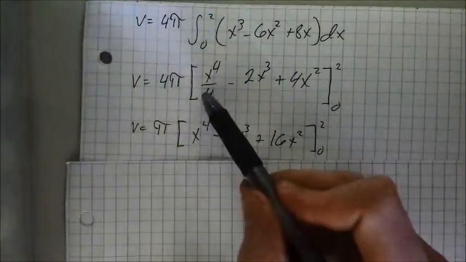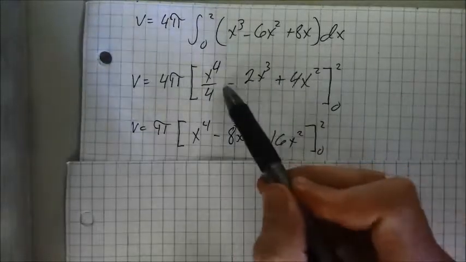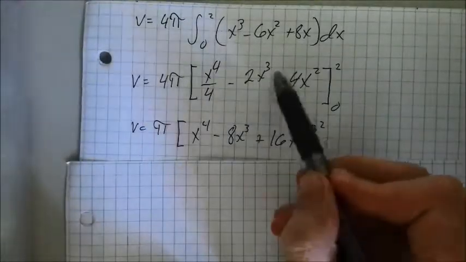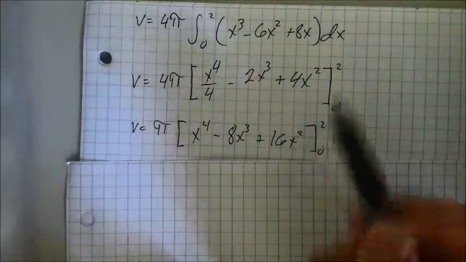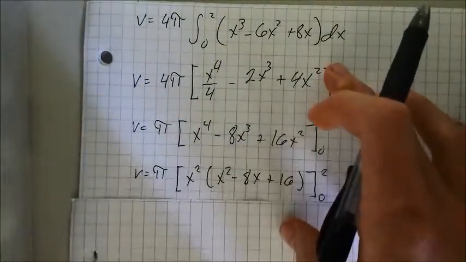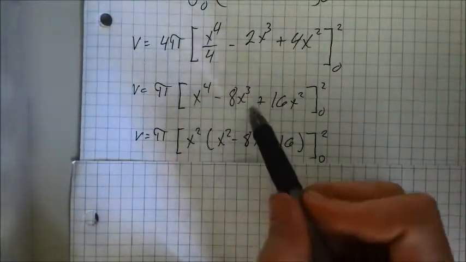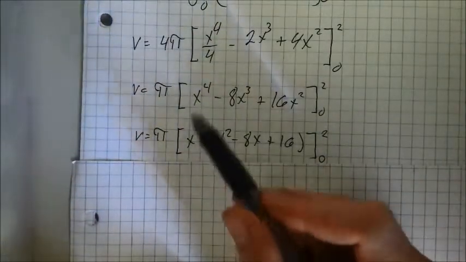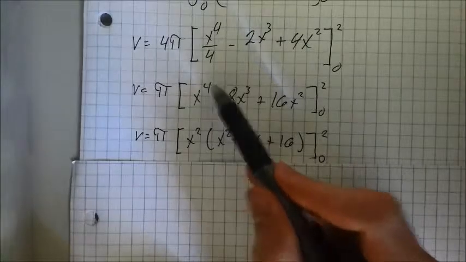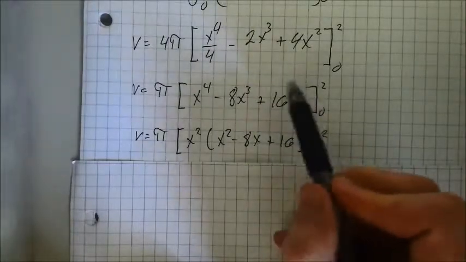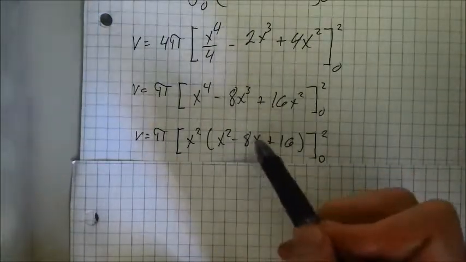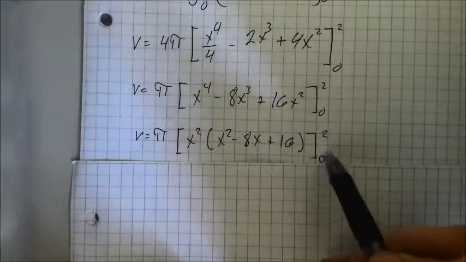And if I pull a 4th out of here, I have to multiply these by 4. So negative 2 times 4 is negative 8. Positive 4 times 4 is positive 16. And from here, I can pull out an x squared, because there's at least an x squared in every term. That leaves me with x squared minus 8x plus 16 from 0 to 2.